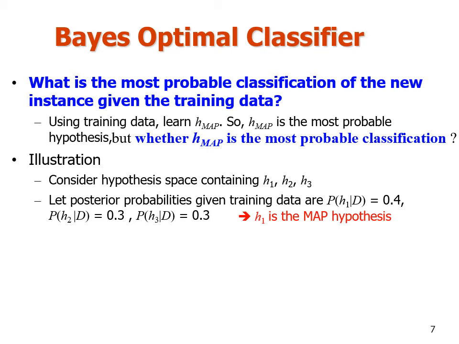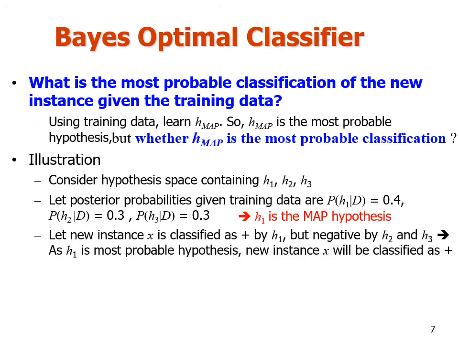Now, let a new instance X be classified as positive by hypothesis H1 but negative by H2 and H3. As H1 is the most probable hypothesis, this new instance X will be classified as positive.